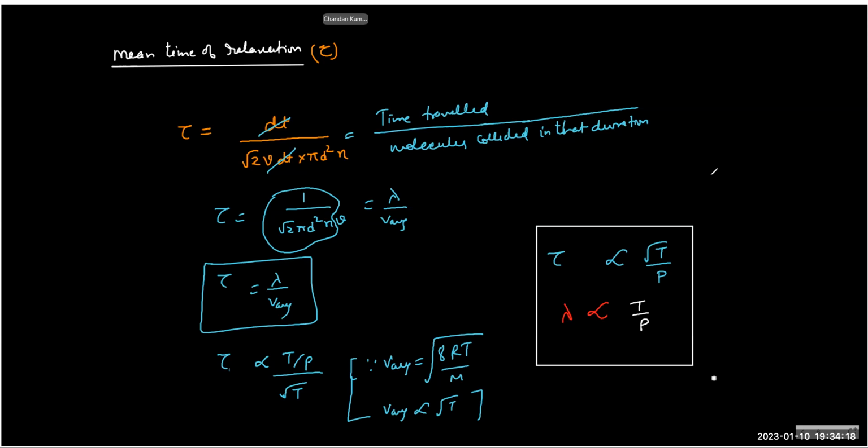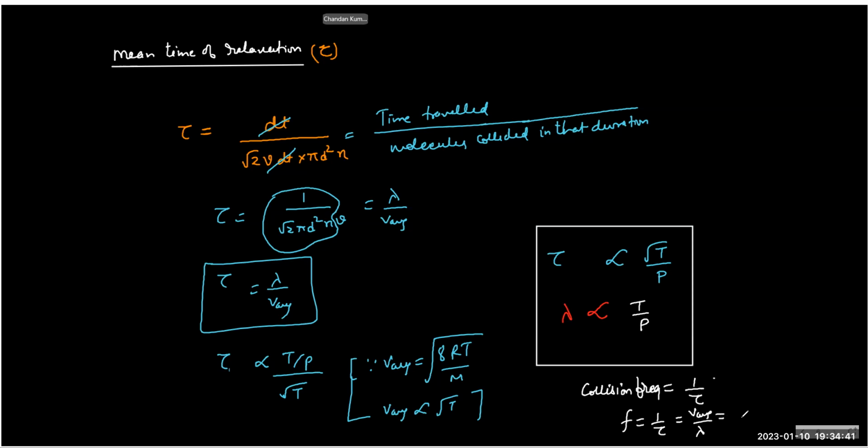And what is collision frequency? Collision frequency is the inverse of tau. So you may write frequency equals 1 by tau, and this will definitely be V average by lambda.